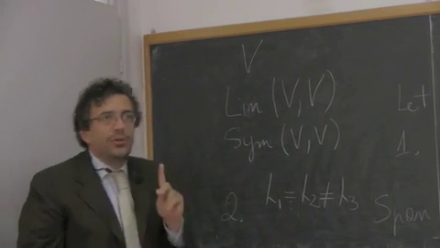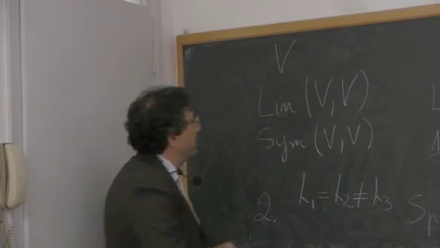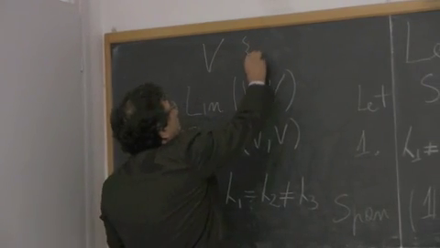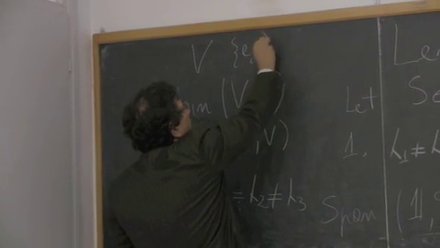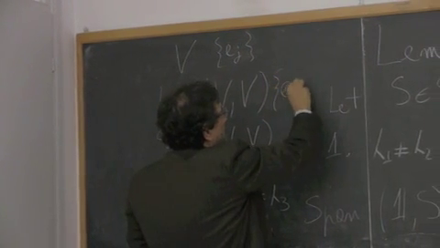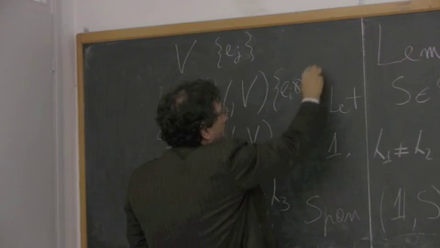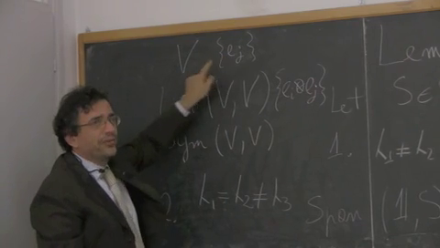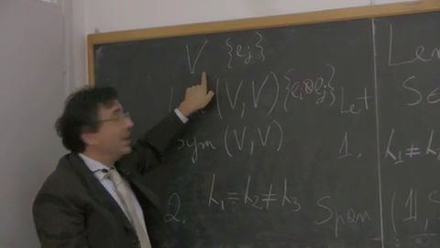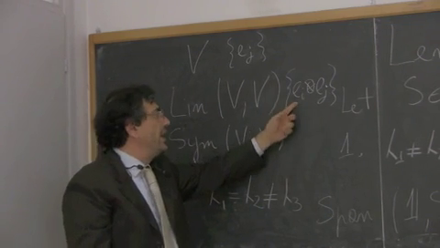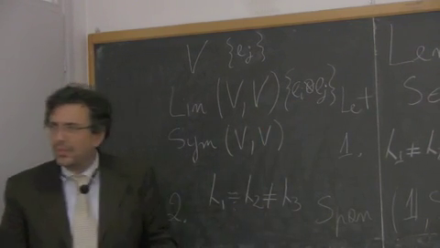So why do I want to tell you this? Because it is easy to prove the following thing, which we already discussed, but it is now very important to understand. If you consider a basis of V, you can construct the tensor product e_i tensor e_j.